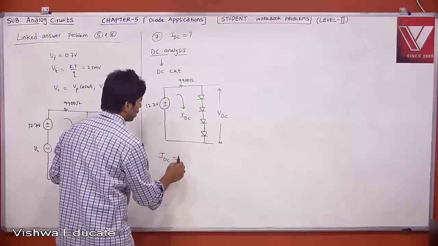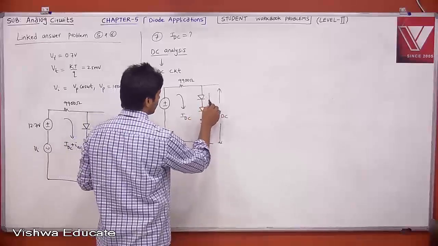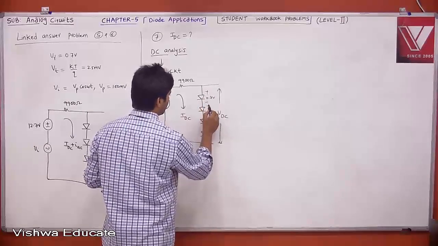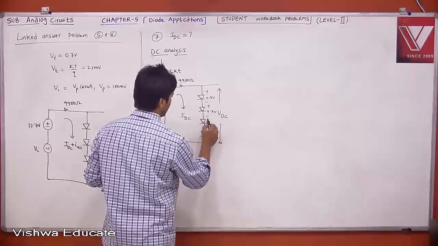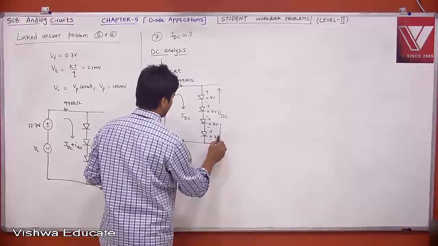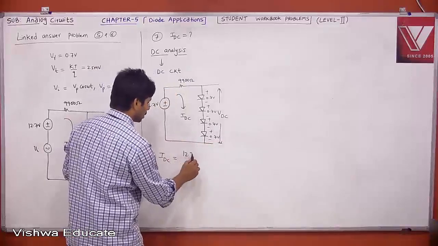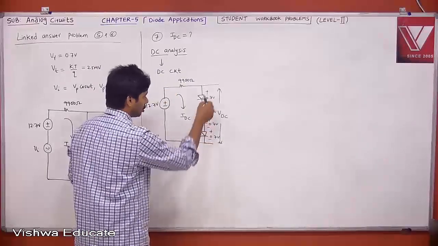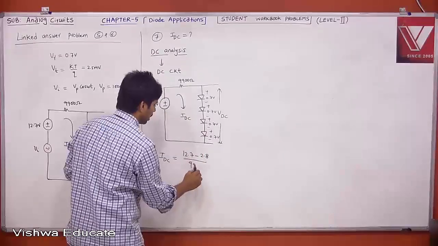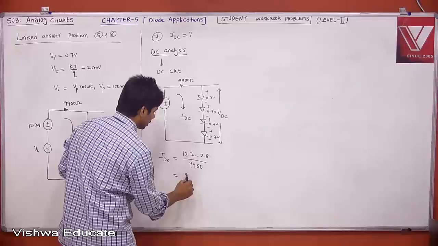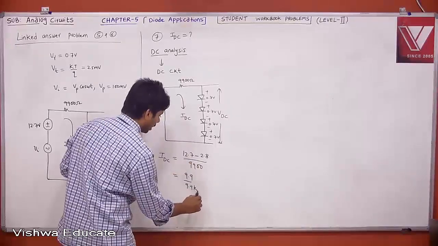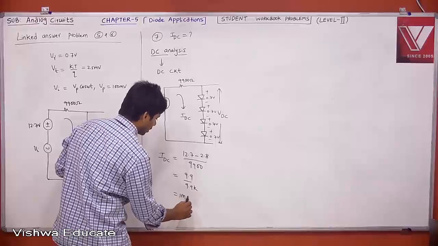Then let me calculate IDC. Let us say each diode has 0.7, 0.7, 0.7, and 0.7. Then out of 12.7, 4 into 0.7 is 2.8, so 9.9 divided by 9900, that is 9.9 divided by 9.9 K, which is 1 milliampere.